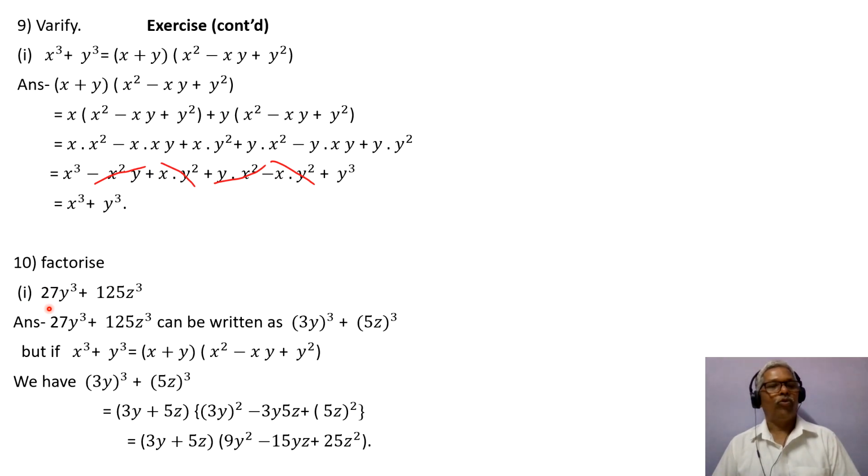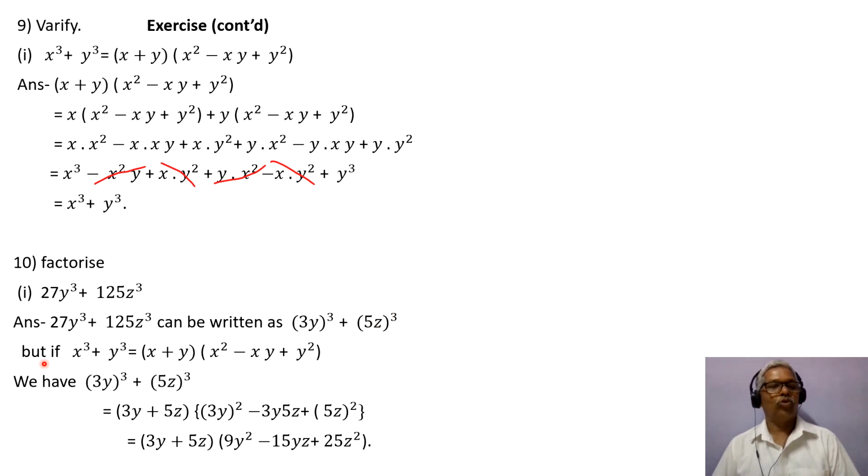And 10th one, factorize. First one, 27y cube plus 125z cube. Answer, 27y cube plus 125z cube can be written as (3y) whole cube plus (5z) whole cube, because we are taking 27 as 3 cube and 125 as 5 cube.